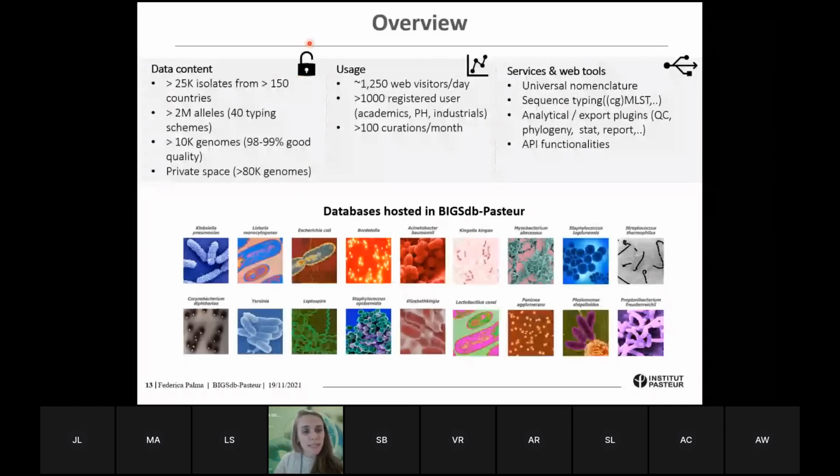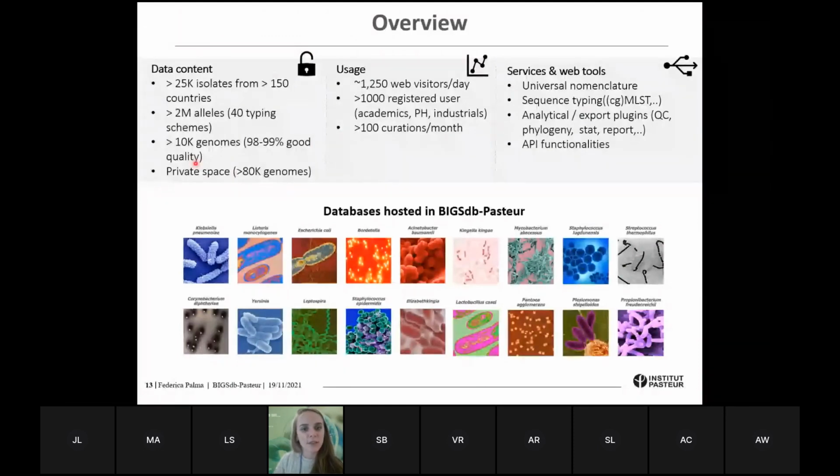Also, it includes a very high number of high quality genomes, and as I told you, in private spaces that mainly include a really high number of genomes.